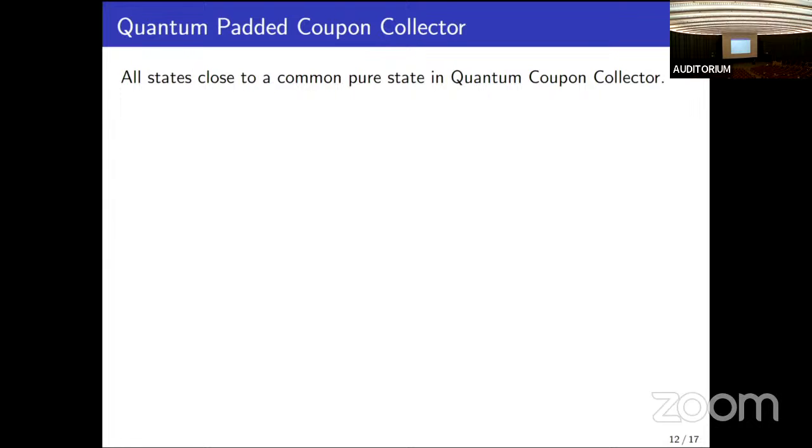One of the key reasons why the quantum speed up shows up in the quantum coupon collector problem is that all the possible quantum samples are actually close to one common single pure state. So to get around this behavior, we want our problem to have an adversarial scenario where some states can possibly be far apart.